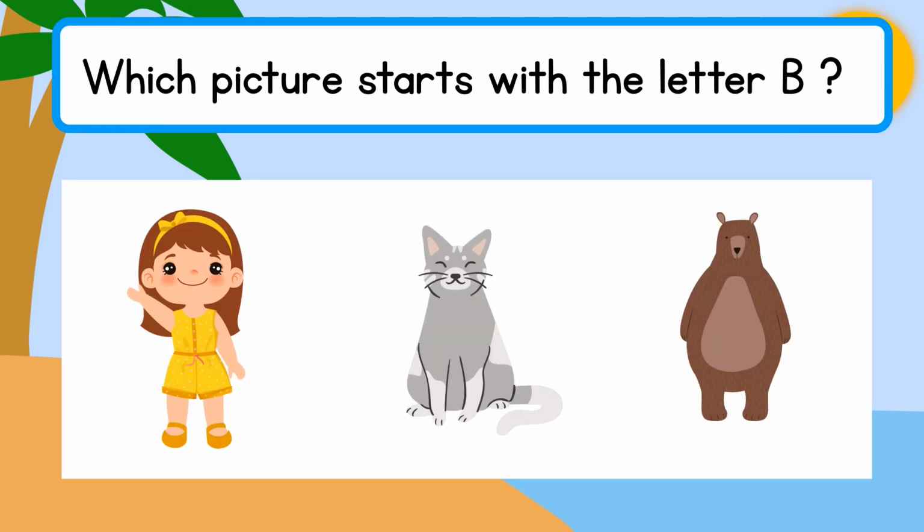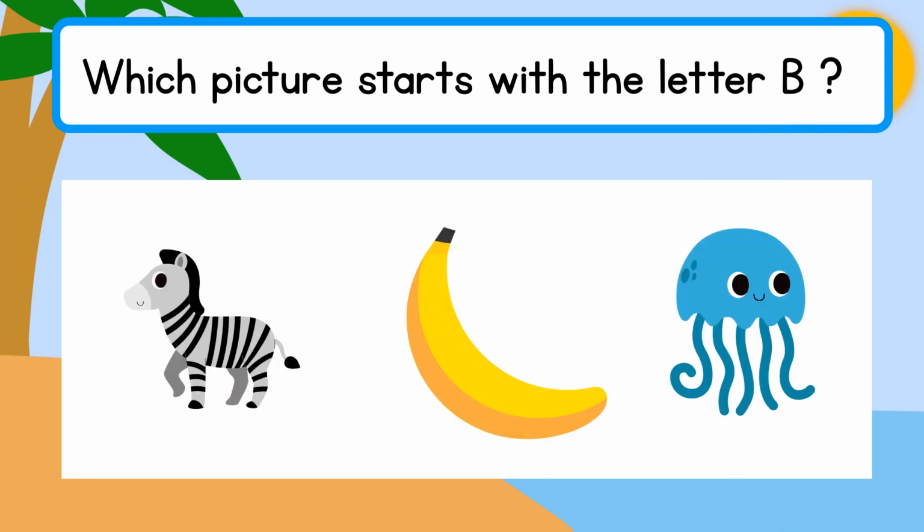Which picture starts with the letter B? Your answer is bear. Good job. Bear starts with letter B. The sound is B, B. Another one. Which picture starts with the letter B?